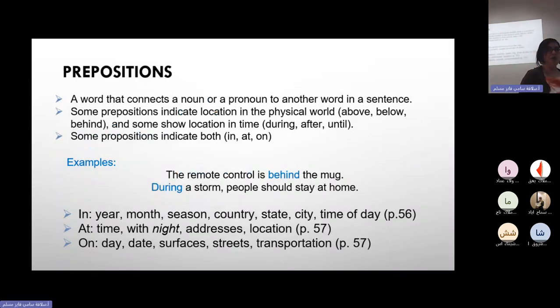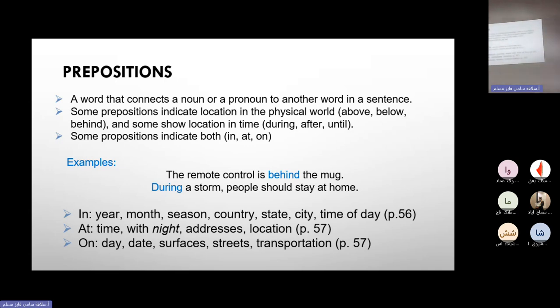Prepositions. The prepositions are words that connect a noun or a pronoun to another word in a sentence. شو بيعملوا؟ بيربطوا. Okay? ما بين كلمتين أو ما بين الاسم أو ضمير مع كلمتين في الجملة.